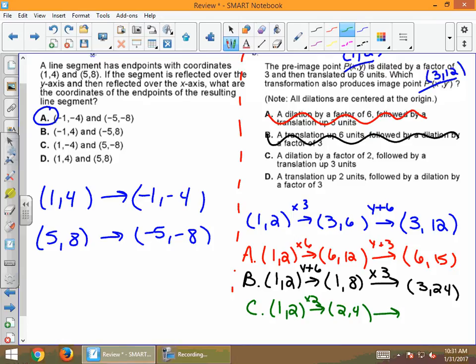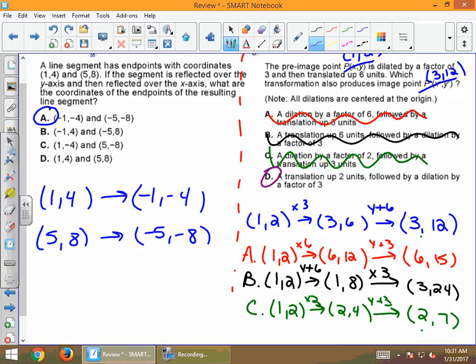So you're adding 3 to the y value, so that new point is going to be what? 7, because the x value stays the same. 4 plus 3 is 7. Does not match. Can't be C. Ruling all the other ones out, so it has to be E.